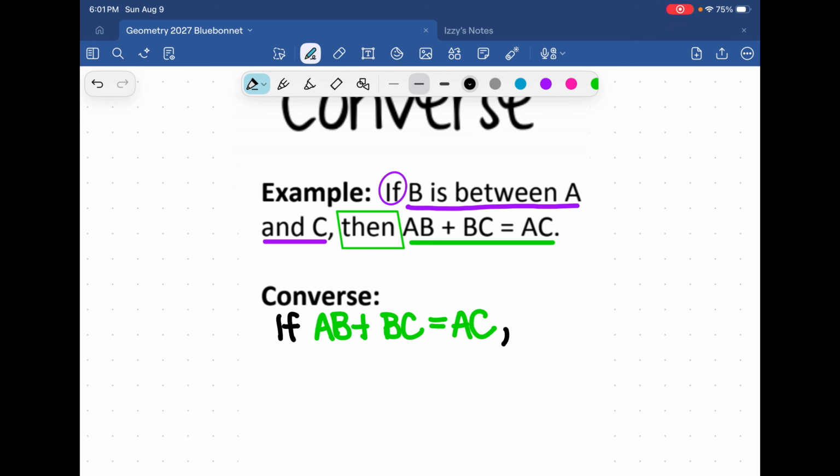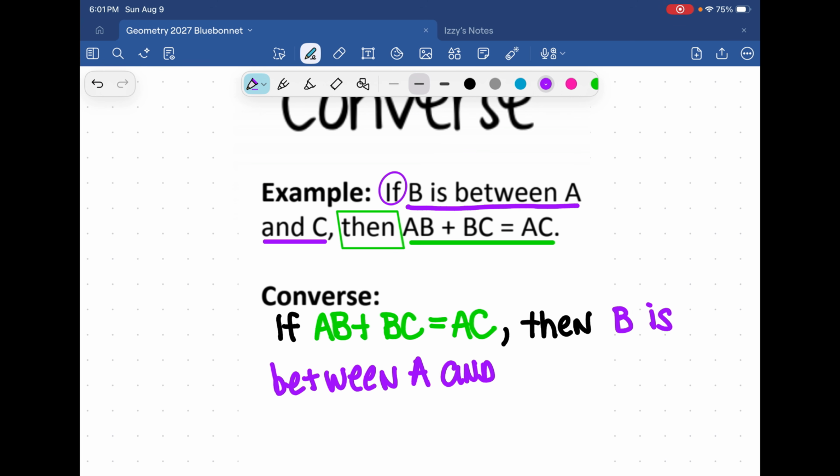We're going to leave the word then, and we're going to put the hypothesis. Then B is between A and C. And we'll, of course, end our sentence with a period. Okay. Now, it's not necessary for you to use the color. However, it is helpful in seeing them actually switch with one another.